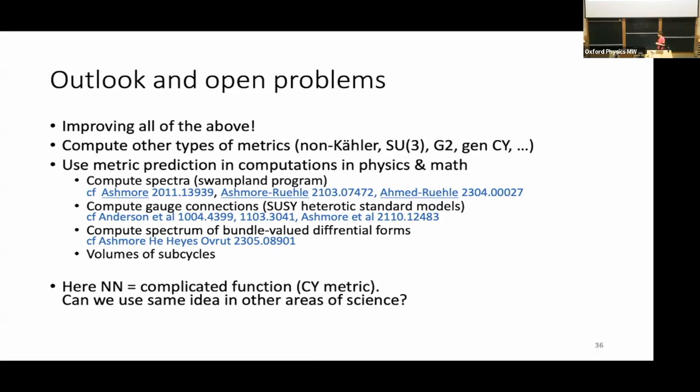Right. I think the honest answer to that question is that I don't really know. I haven't done systematic experiments where I'm trying to push the boundaries of where these methods apply. But just guessing, we can deal with manifolds that have, say, up to 4 or 5 Kähler moduli.